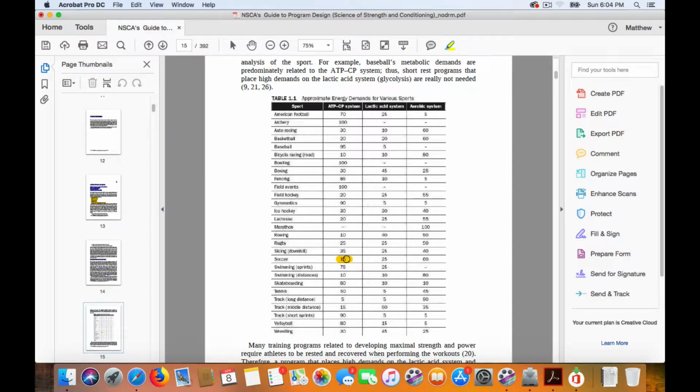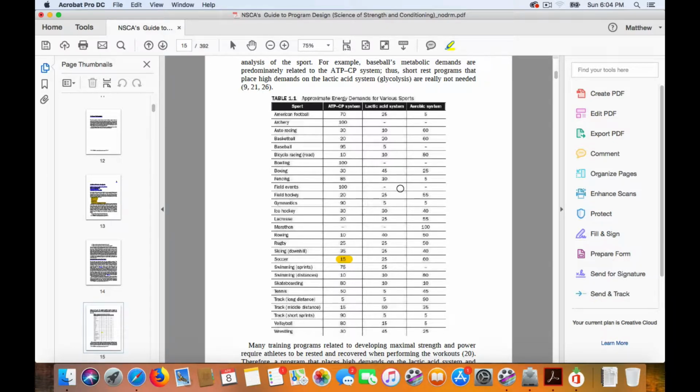It's very explosive initially, but there's not a lot of movement after that. Then you have the lactic acid system, the glycolysis, which is about a minute and a half to 2 minutes, where this system is really strong, and then the aerobic system.